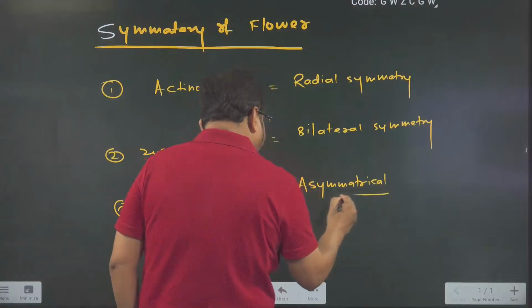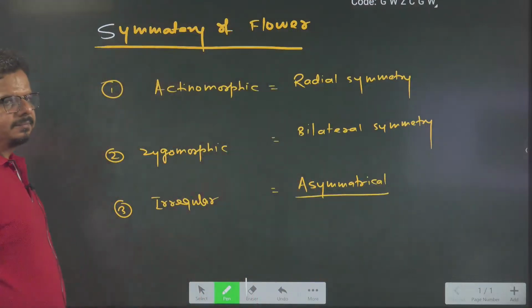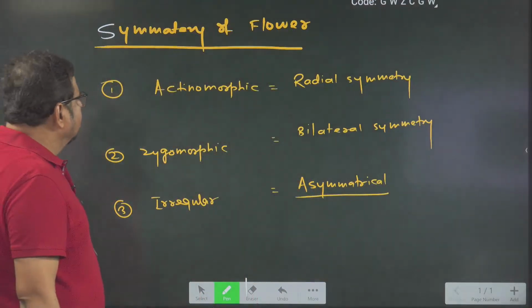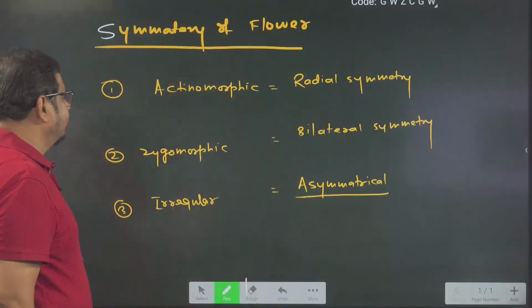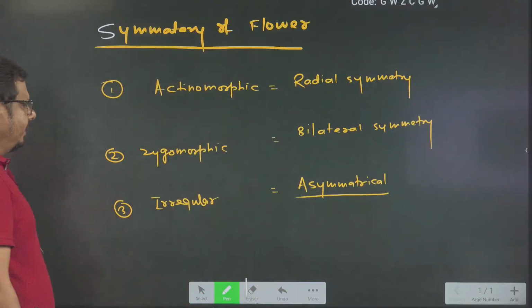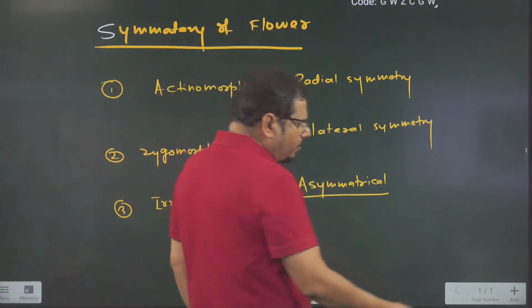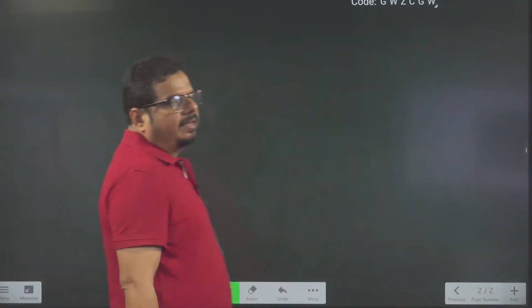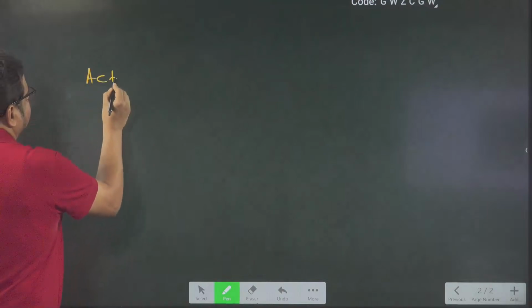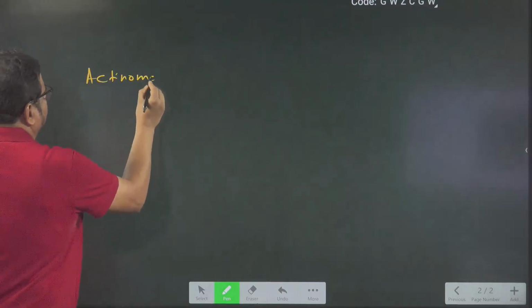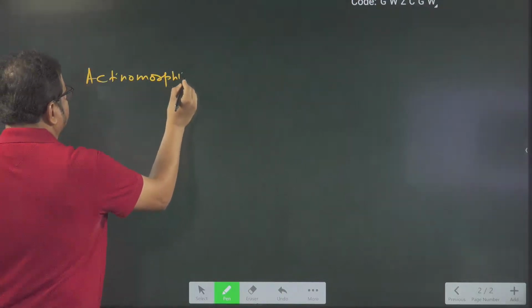Means no other symmetry is there. Got the idea? So based on the symmetry: actinomorphic, radial symmetry; zygomorphic, bilateral symmetry; irregular, asymmetric. Now the question arises, what is actinomorphic flower?